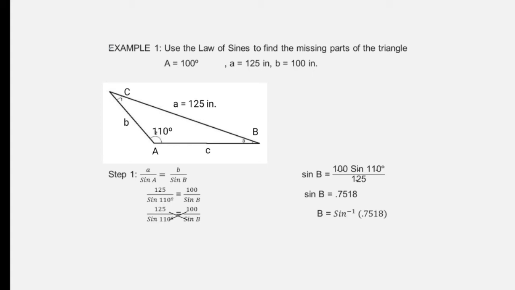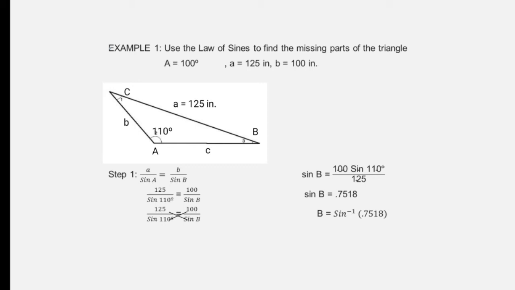We can use a over sine A equal to b over sine B, or b over sine B equal to c over sine C, or c over sine C equal to a over sine A. However, our strategy here is to use the complete proportion, which is side a and angle A. We can't easily use any pair of letters because we have a strategy that we follow in using the sine law.